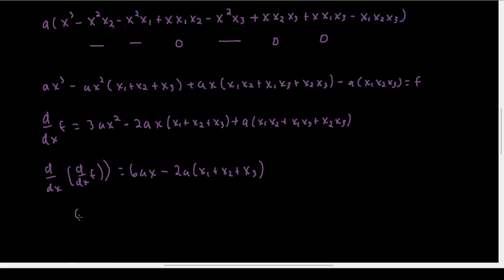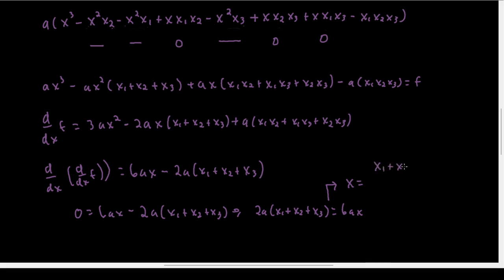So if we set this equation equal to 0, that'll turn into this, which then turns into that.